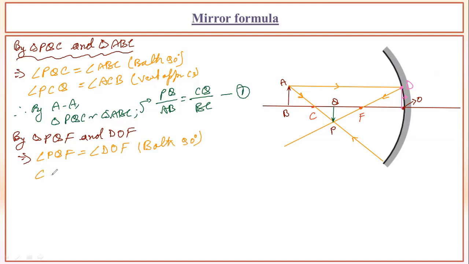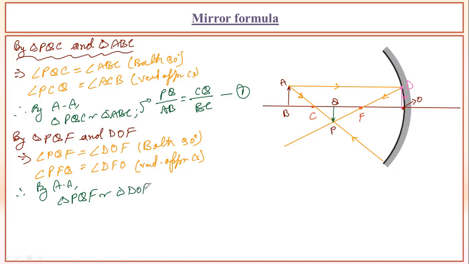The next one we can take: angle PFQ is equal to angle DFO. So over here also, vertically opposite angles. So when again two angles are equal, therefore we can say by AA criteria that the triangle PQF is similar to triangle DOF.